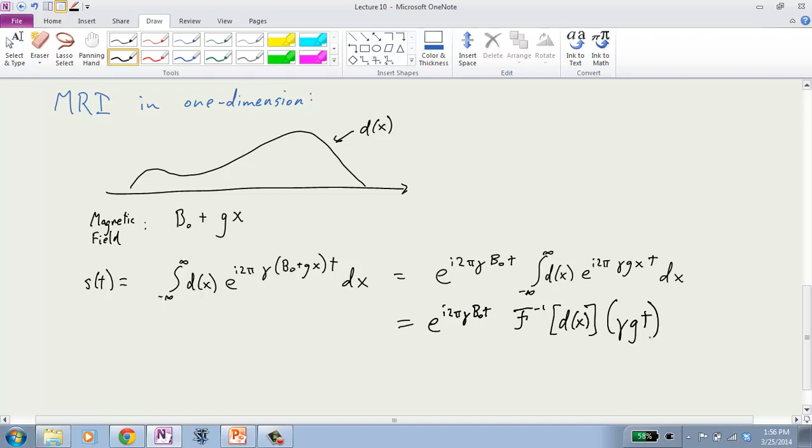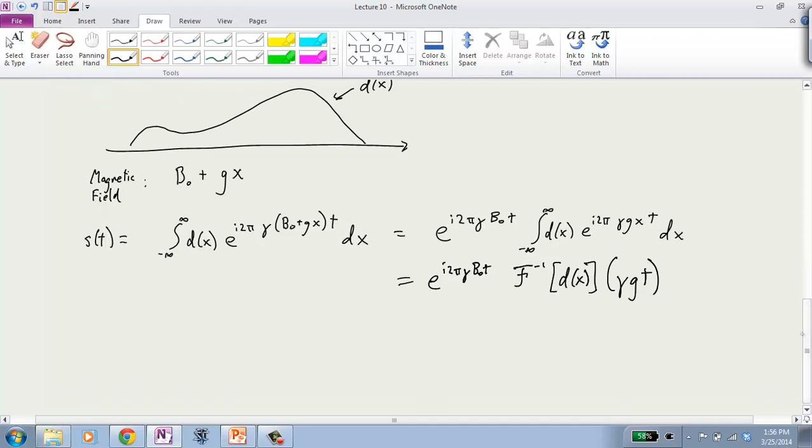So what that means is that we can reverse this whole thing. We can say that d of x equals, what we're going to have is an s of t over γG. And that scaling is not going to be crucial for this, but anyway, we've got t over γG, so it's just a rescaling of what we measured.